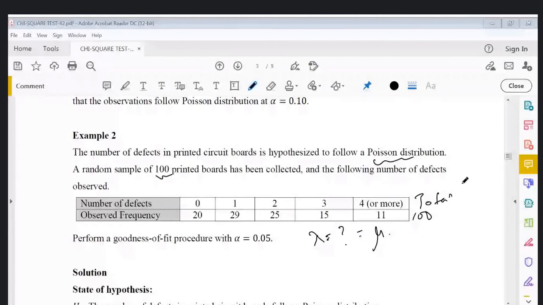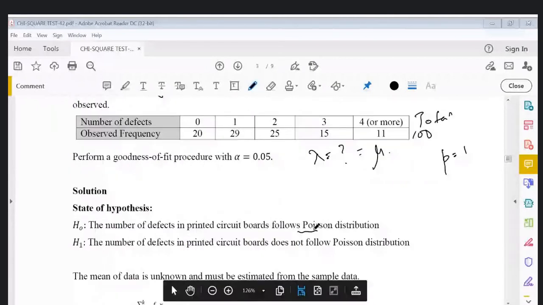Second, you must calculate using this formula. Mu is equal to lambda, the sum of fx. Cuba kira balik.